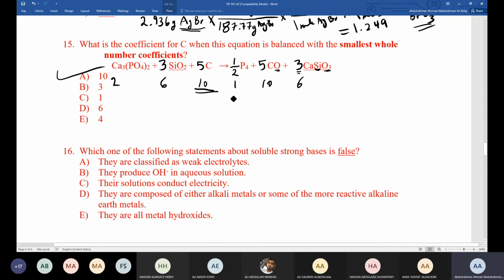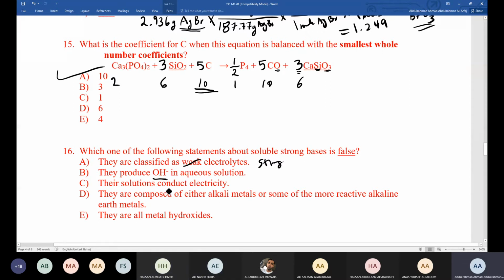Which one of the following statements about soluble strong bases is false? They are classified as weak electrolyte. Strong bases are weak electrolyte? No, they are strong electrolyte, so this is wrong. It should be strong electrolyte. They produce OH in aqueous solution. Is this correct? Yes.